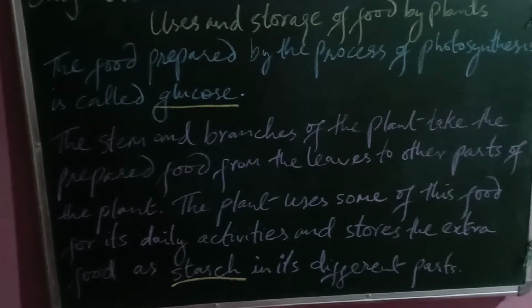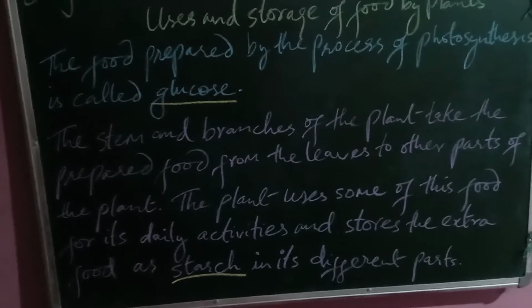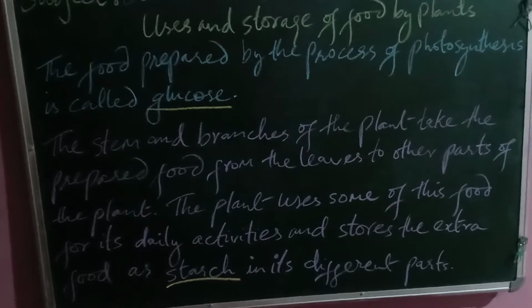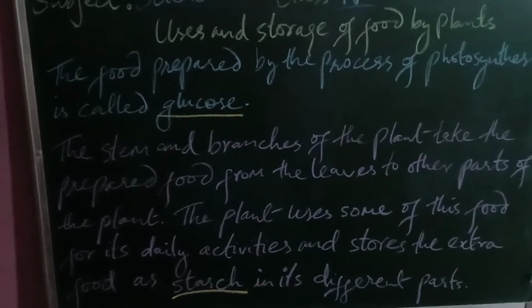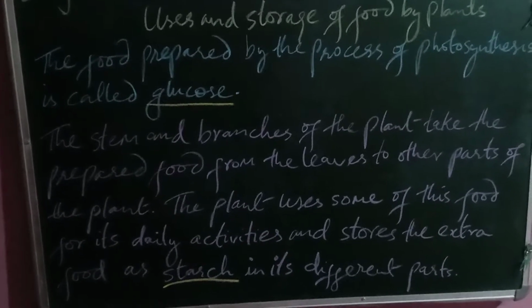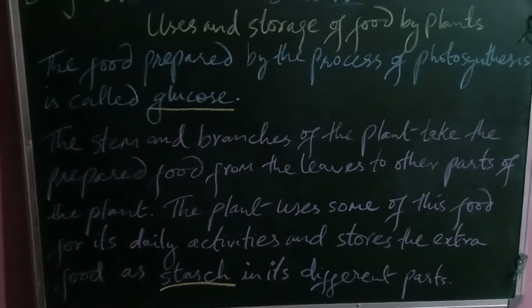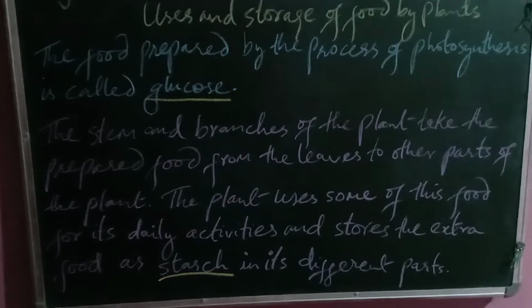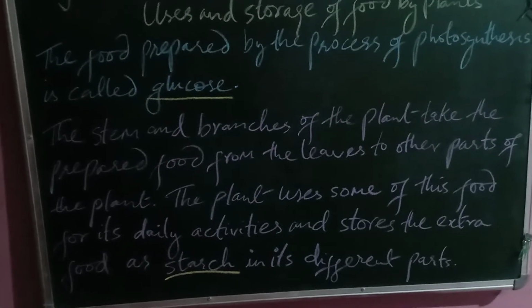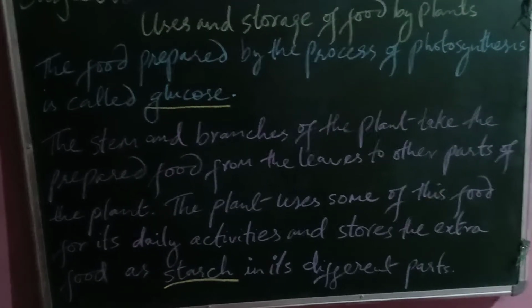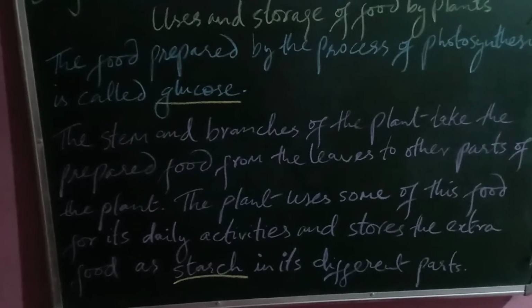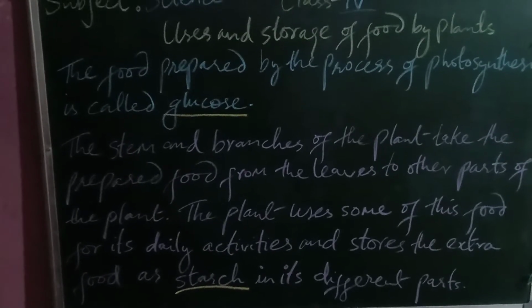Then the stem and the branches of plant take the prepared food from the leaves to the other parts of the plant. So they carry the finished food to the branches and other parts of the plant. The plant uses some of its food for its daily activity and stores the extra food as starch in the different parts.